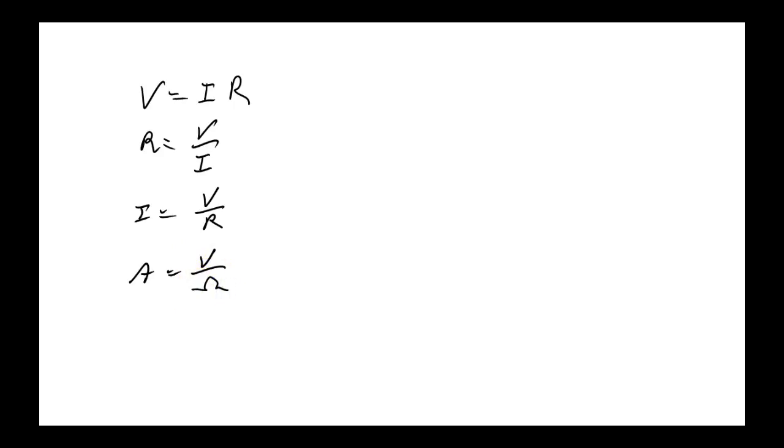So an amp is equal to a volt over an ohm, an ohm is equal to a volt over an amp, or a volt is equal to an amp times an ohm. Any way you want to do the units as well.